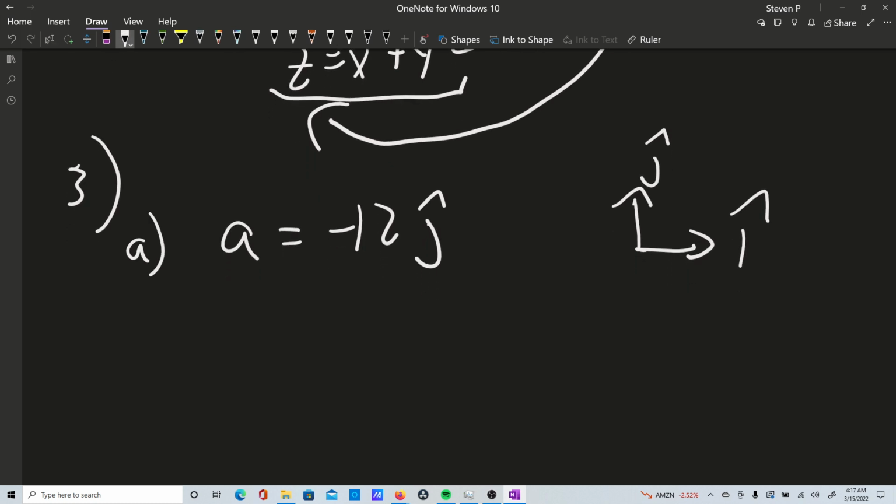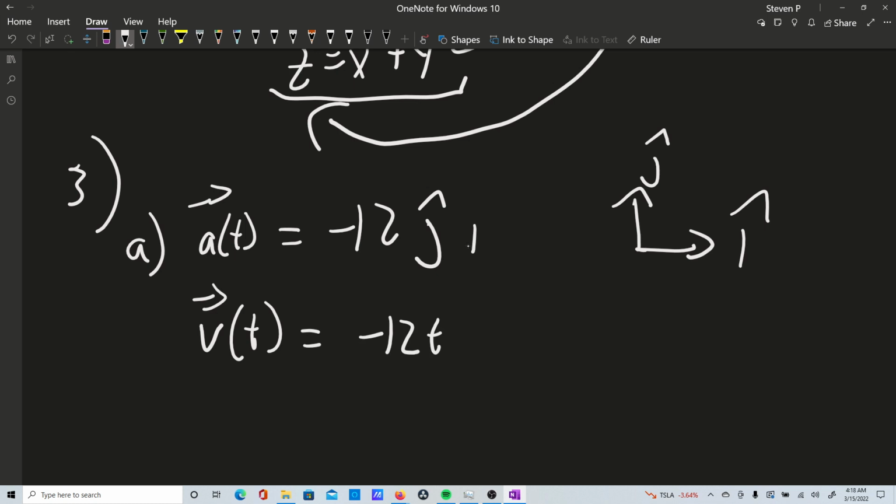So part A is asking you to figure out what v is. Let's call this a of t, as a function of time. It just so happens that there's no dependency on t, because the acceleration is constant. So v of t, and we should be careful and draw arrows over them, is equal to the integral of -12, plus 0 i hat.